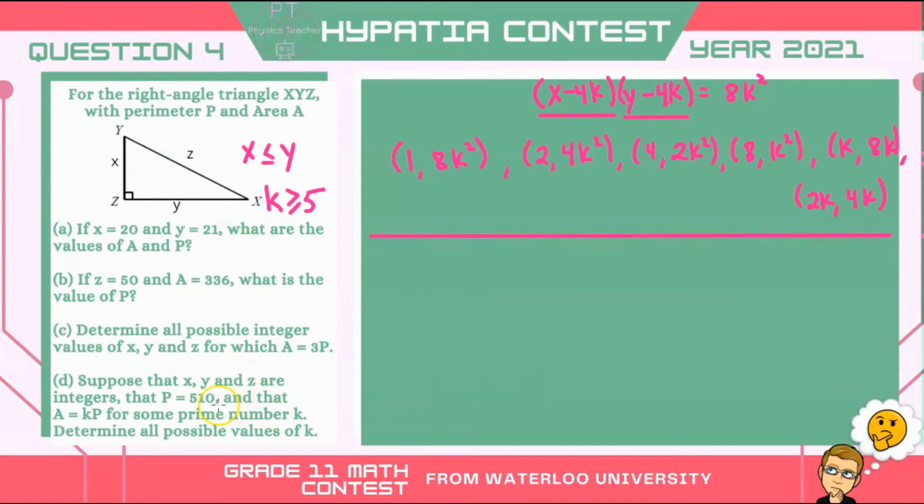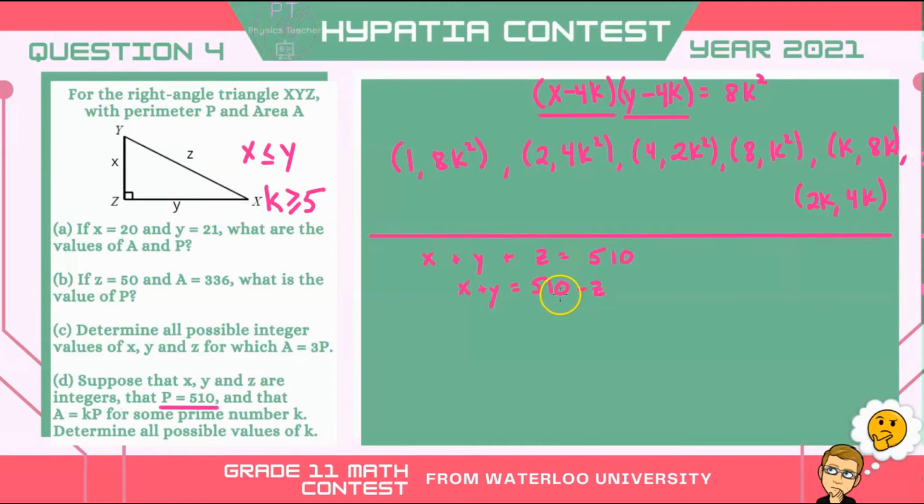And now let's move to this idea that the perimeter must be equal to 510. So we're going to have x plus y plus z equal to 510. So I'm going to perform some algebraic manipulation on this. So we're going to have x plus y, bringing z to the other side of the equation, we have 510 minus z.